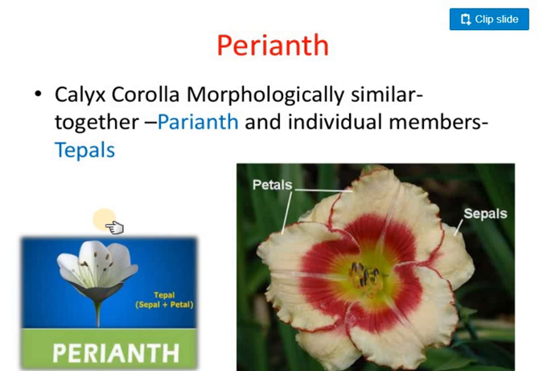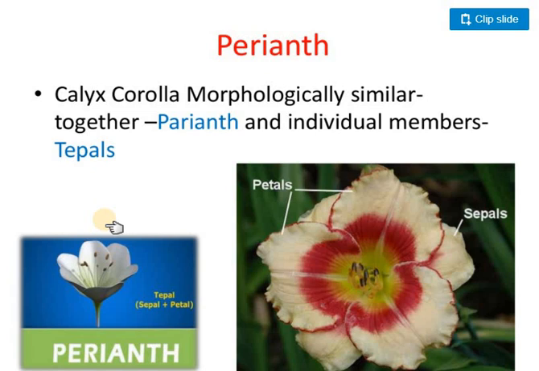But in some plants, especially in monocots, petals and sepals are not differentiated. Such a calyx and corolla, which are morphologically similar, are called perianth.